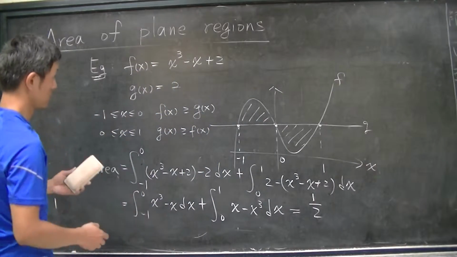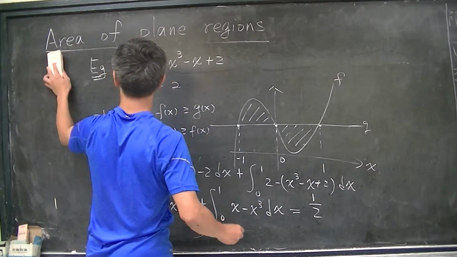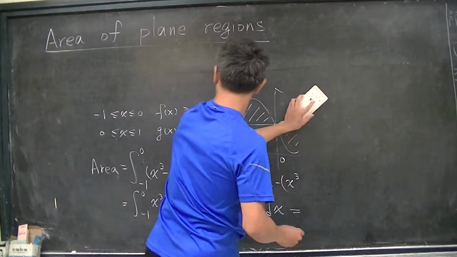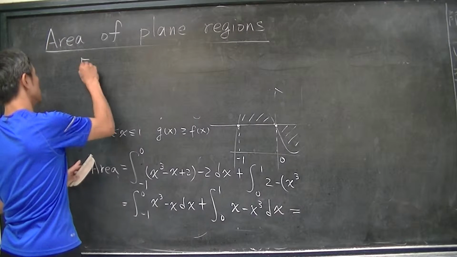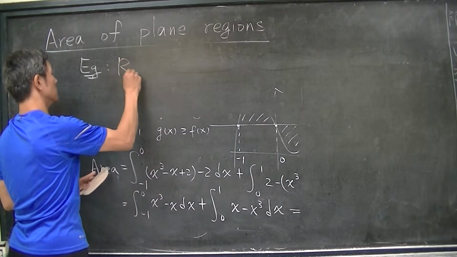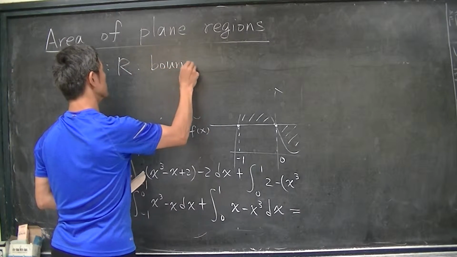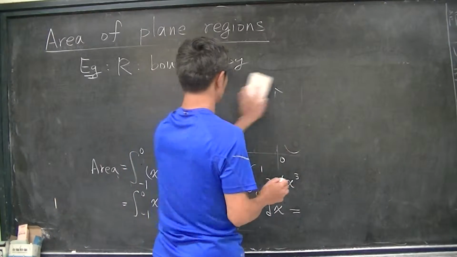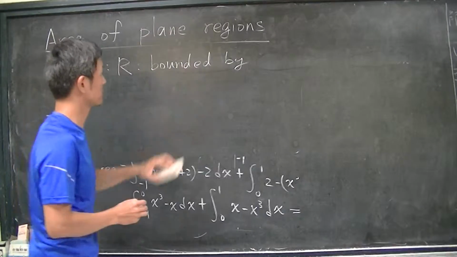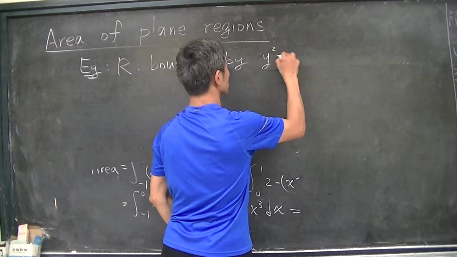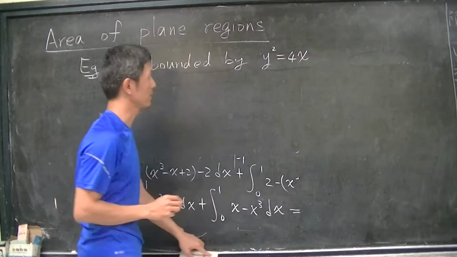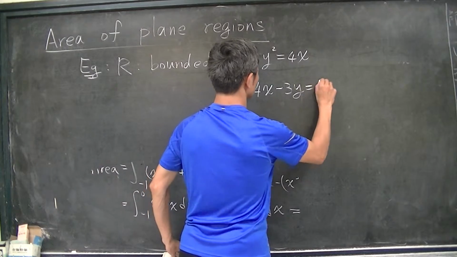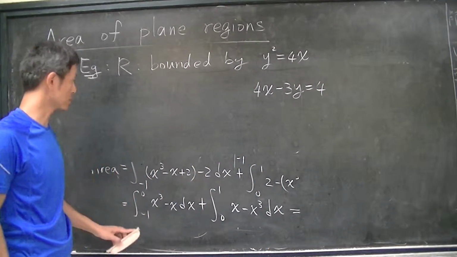Now, let me give you one more example. Now if our region is bounded by y squared equals 4x and 4x minus 3y equals 4.